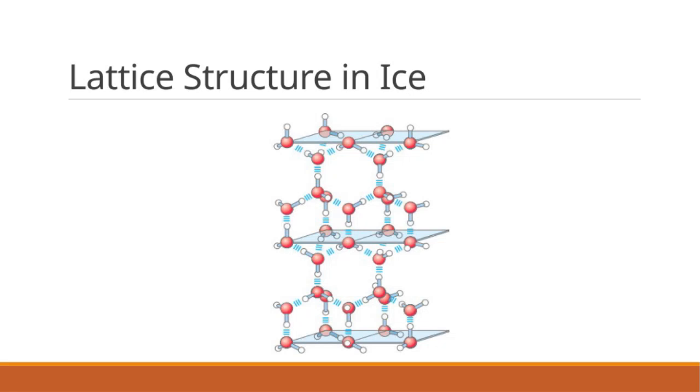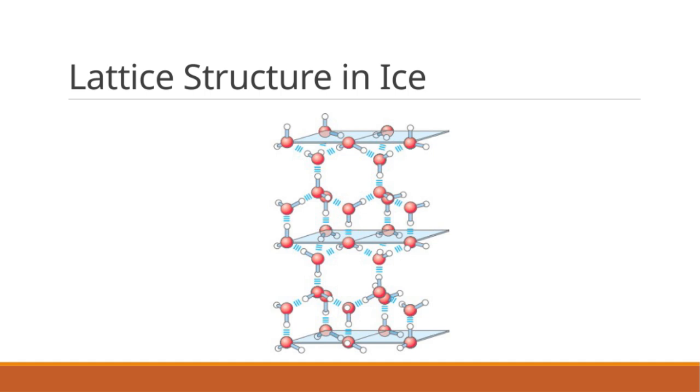Today, I want to talk about the lattice structure in ice, which is a fascinating aspect of its molecular arrangement. Essentially, the way water molecules organize themselves in ice forms a specific, repeating pattern known as a lattice. This structure is critical because it explains many of ice's unique properties, like its solid form being less dense than liquid water.